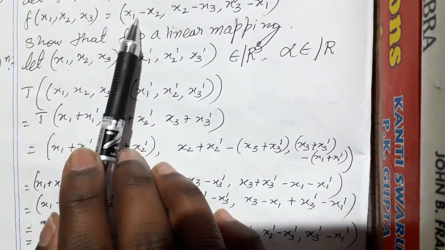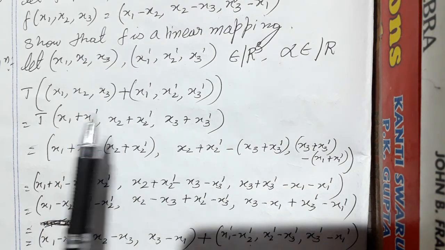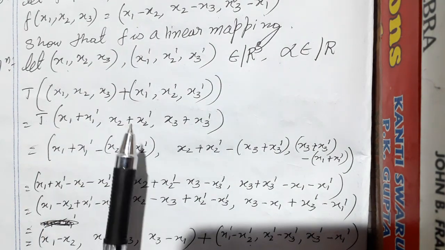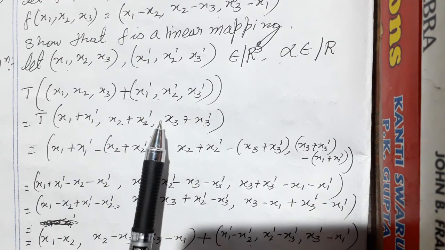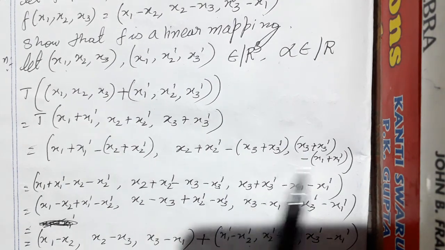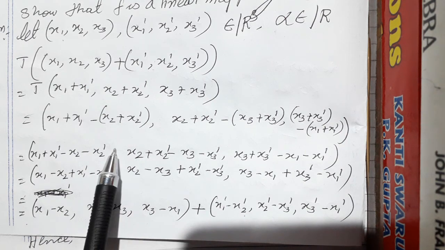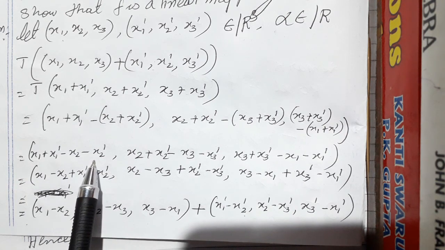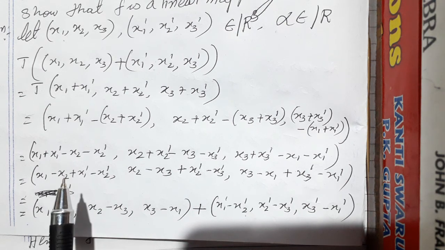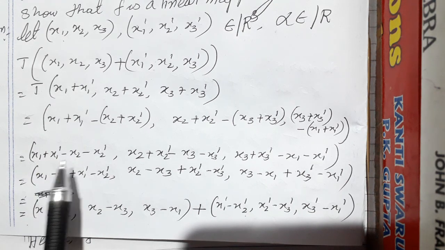By using the definition, we have x1 minus x2, meaning this minus this, then this minus this, then this minus this. Then you can multiply the minus inside. These are all elements of real numbers, so it is an abelian group under addition, and we can commute this.